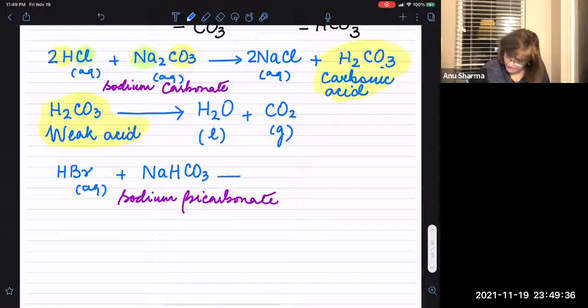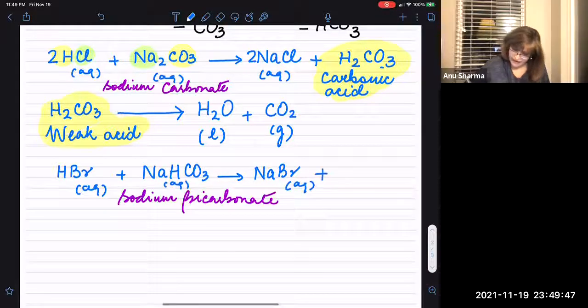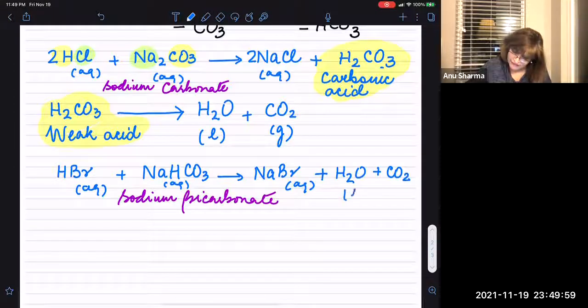So here we have the same story: NaBr, aqueous, and this gives you water and carbon dioxide, H2O plus CO2. Both of them give the same products.